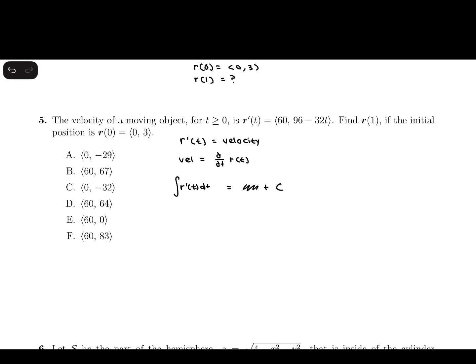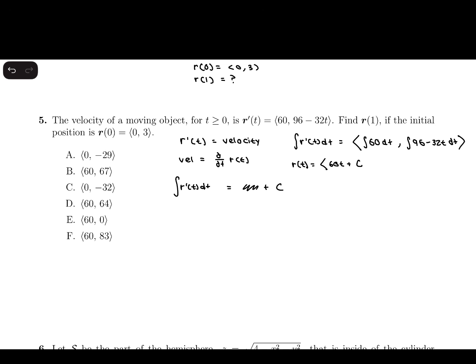So let me work you through this, okay? If we take the integral of r of t with respect to dt, that is essentially the same as taking the integral of all the components with respect to t, just like this. Oh, where'd my minus sign go? So let's do that. That means r of t is equal to the integral of 60 with respect to t, which simply gets us 60t.